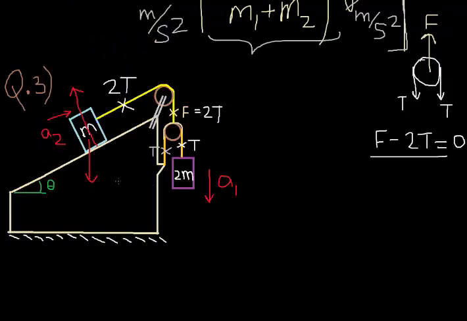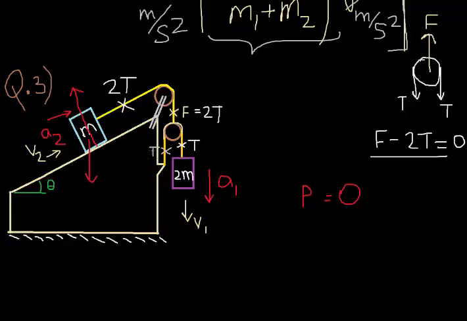Again, we write the constraint equations by finding the total power consumed by this system and equating it to 0. Since power is force into velocity, let's say that block M is traveling with velocity v2 and block 2M is traveling with velocity v1.